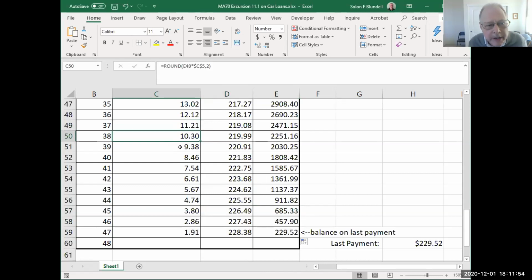If you get rid of the rounding over here on the monthly payments, I mean the interest payments, that does not solve the problem. I tried it. Because some of those rounded up and some rounded down, and by the end it didn't really matter. A couple of cents. But it does not get you to the $229.33.